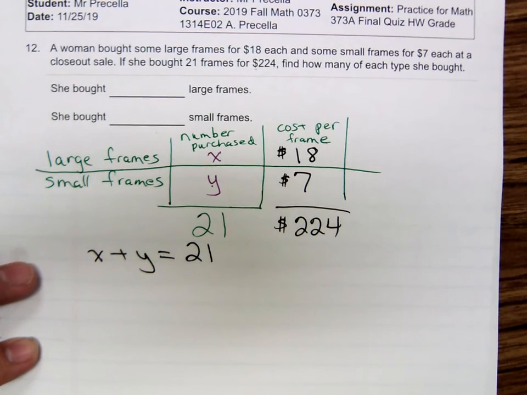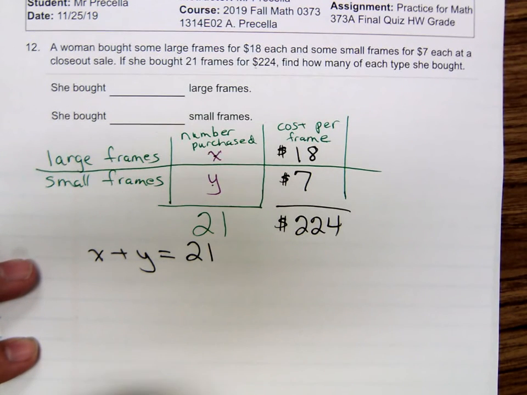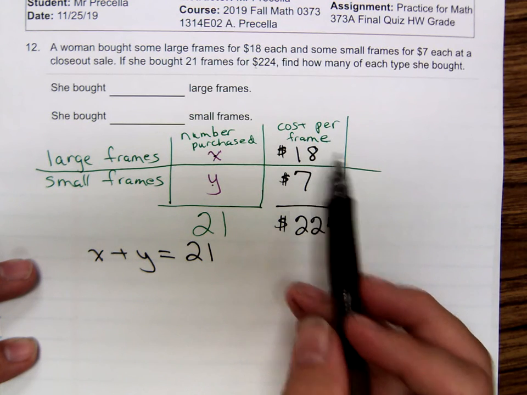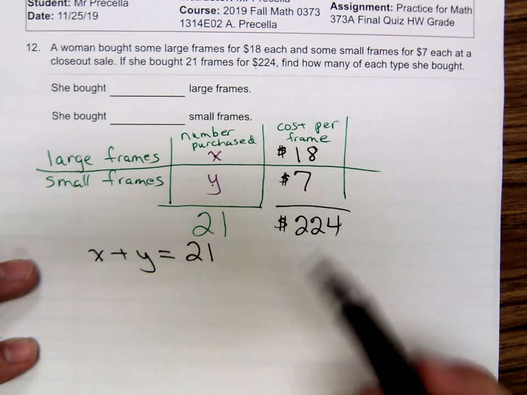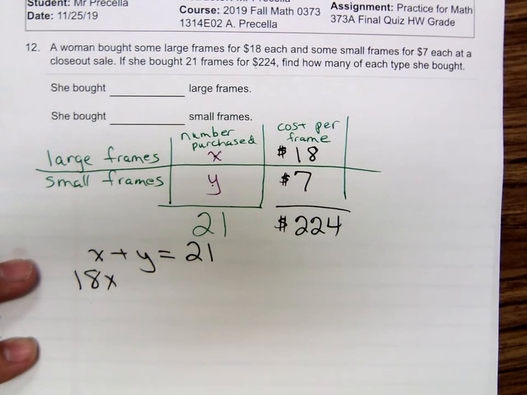We need another equation. How about that value equation? How much money did she spend on the X large frames? $18 per frame, so cost per frame times the number of frames, 18x. That's all the money she spent buying those large frames.